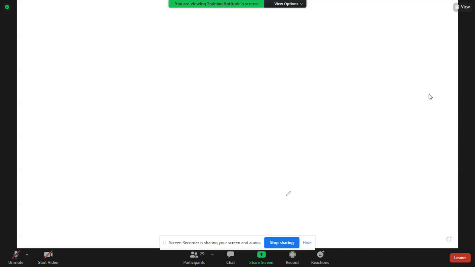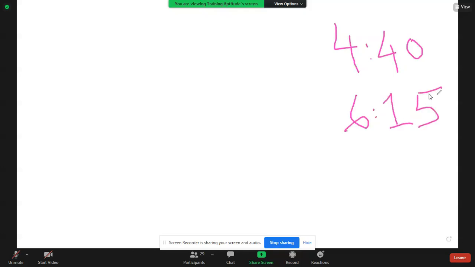All right. What will be the angle formed by the two hands of the clock at 4:40 and 6:15? Last two questions on clocks. Then I'll take up one question on how the clock works.